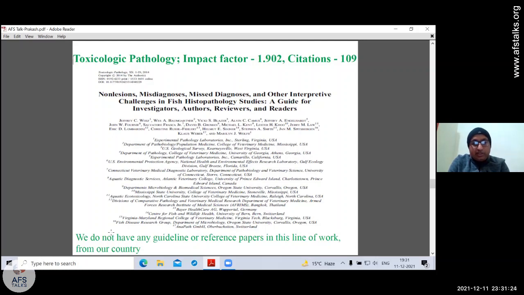I went through it and learned so much from this paper. In India, until now, we do not have any guideline or reference paper of this kind, and in future we should work together and bring out impressive work like this.